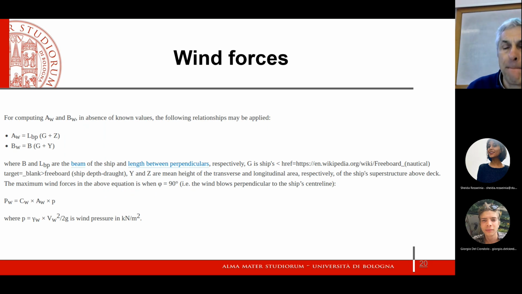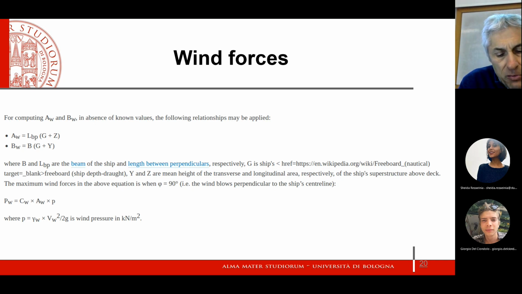So let's skip this slide for now. Before talking about CW, let's talk about the computation of AW and BW, because if you have a well-defined shape of the ship to support your project, of course you compute AW and BW easily.